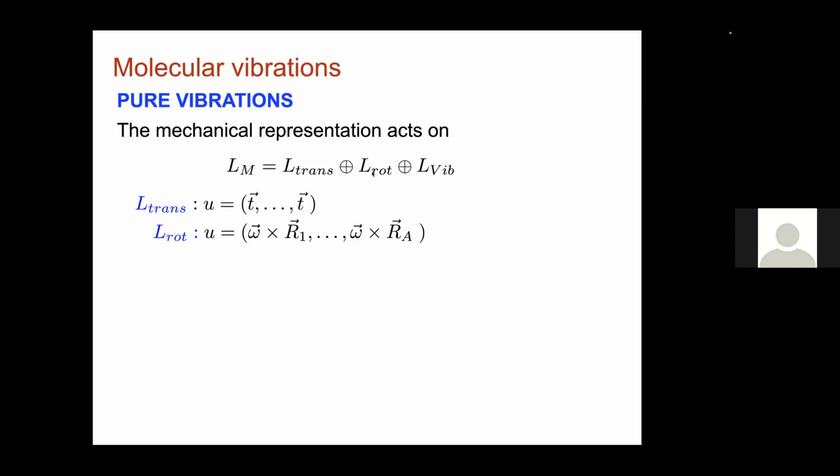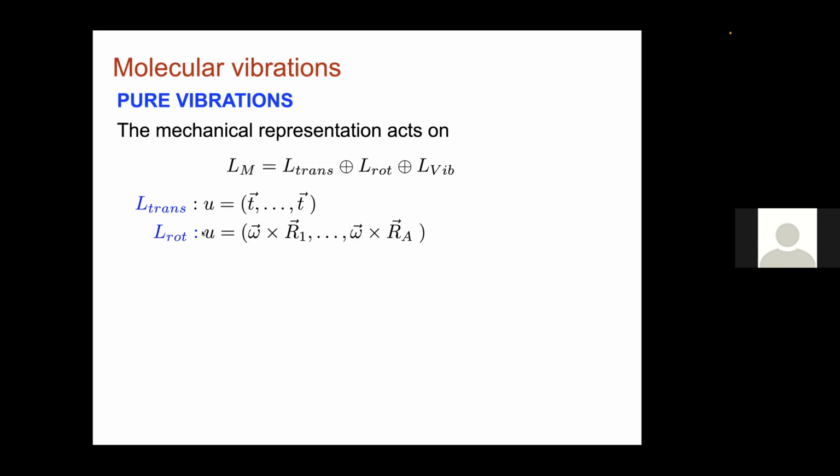Then here are global rotations. I forgot to mention that the equilibrium positions are always considered with respect to the center of mass of the molecule for dynamical reasons, okay? Otherwise, you remember that angular momentum, you have to be careful. When you have a system, everything was a lot easier if you compute angular momentum with respect to the center of mass.